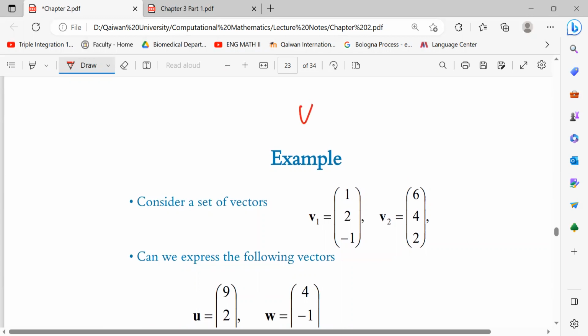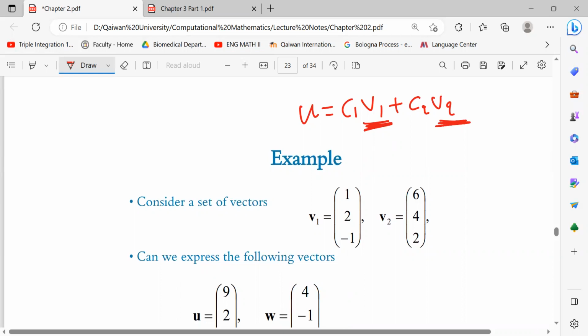We say u is c1 v1 plus c2 v2. Look, v1 is given and v2 is given also. What should we find here? We should find c1 and c2.